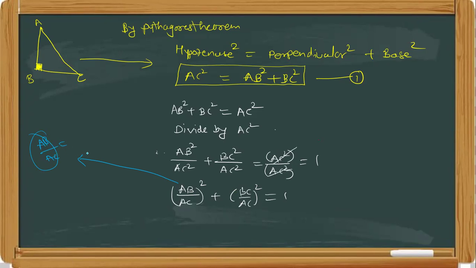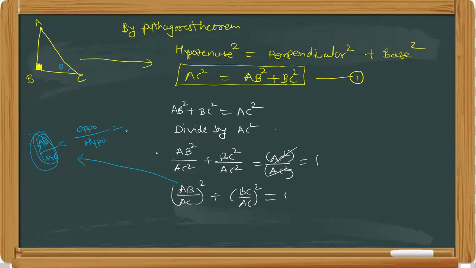AC is hypotenuse in both denominators, and AB is adjacent here with respect to this theta I am talking about. Then in respect to theta, AB is opposite. Opposite side, right?